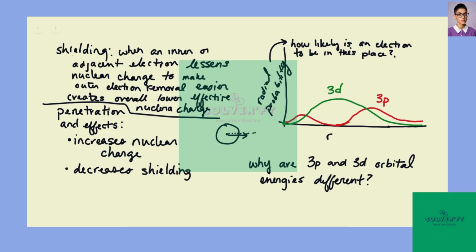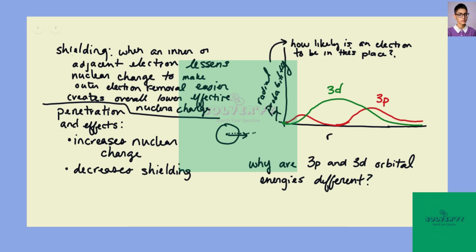And then this being the probability, the higher this goes, the more likely it is to be in that particular position from the radius. And as it moves further in, the closer it's likely to be to the nuclei, the further away it likely is.